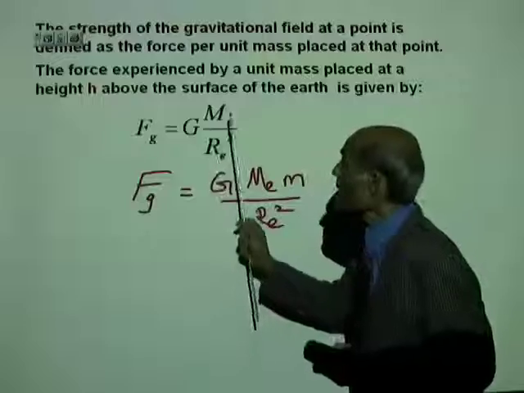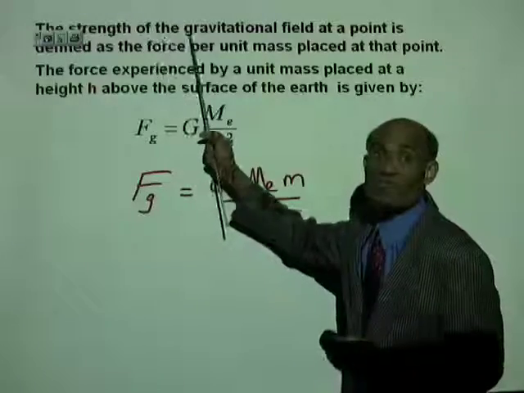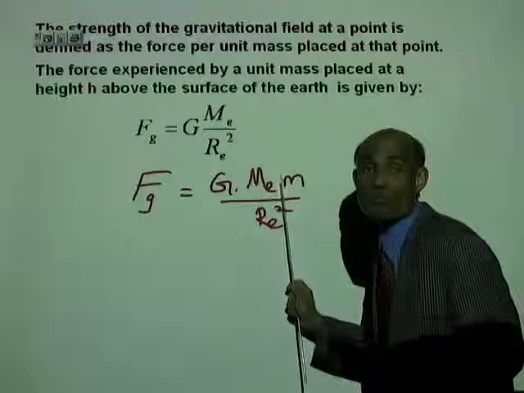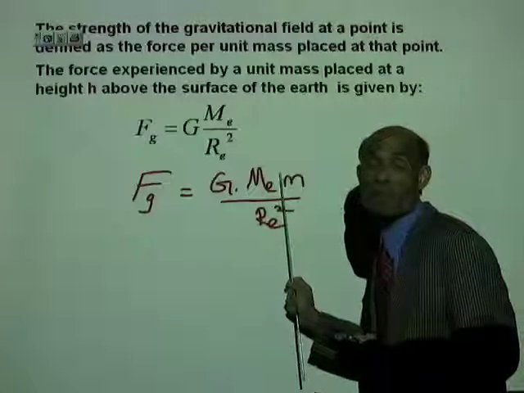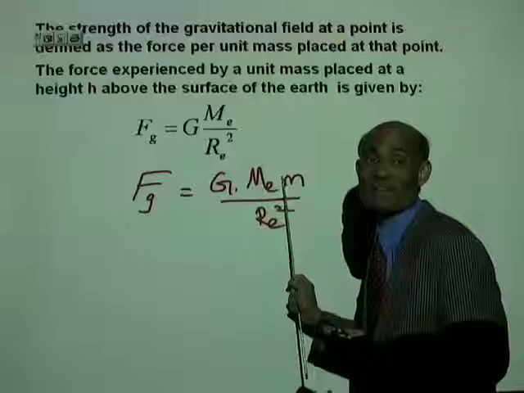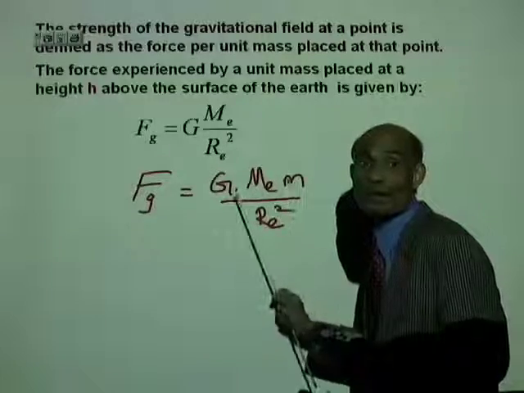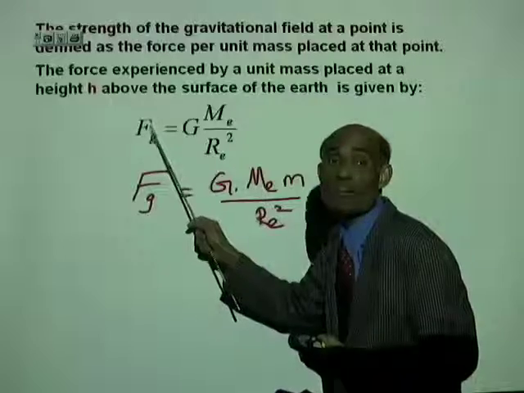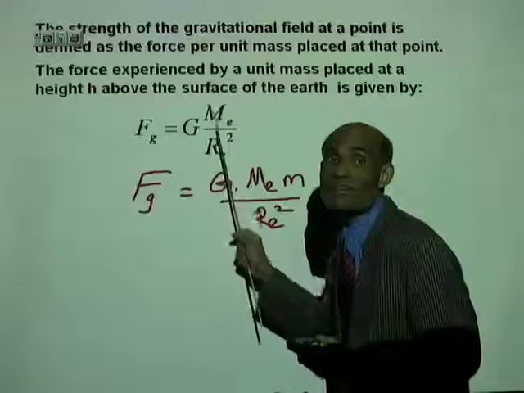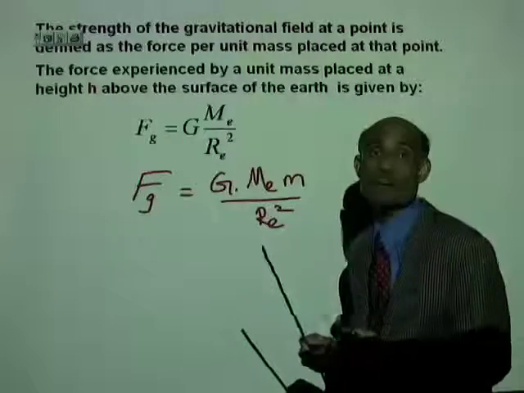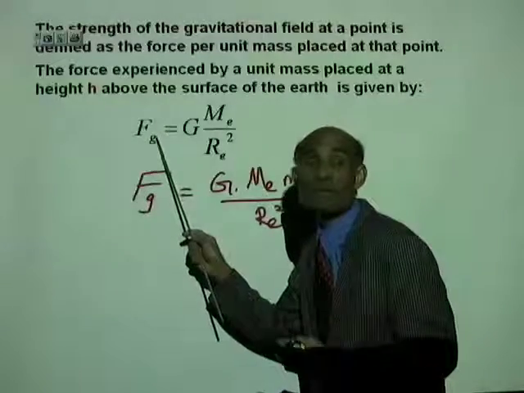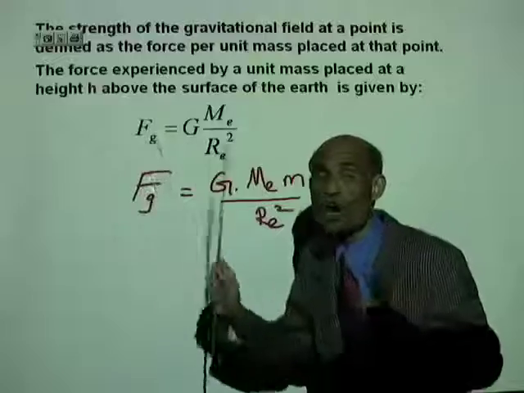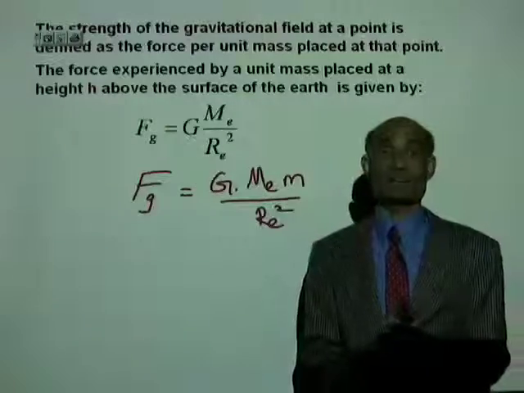Well, since gravitational field is the force per unit mass, then what is the value of this m? That will be 1. When this m equal to 1, you can see the force per unit mass is G Me over Re squared. And this is a measure of the gravitational force on the surface of the earth.